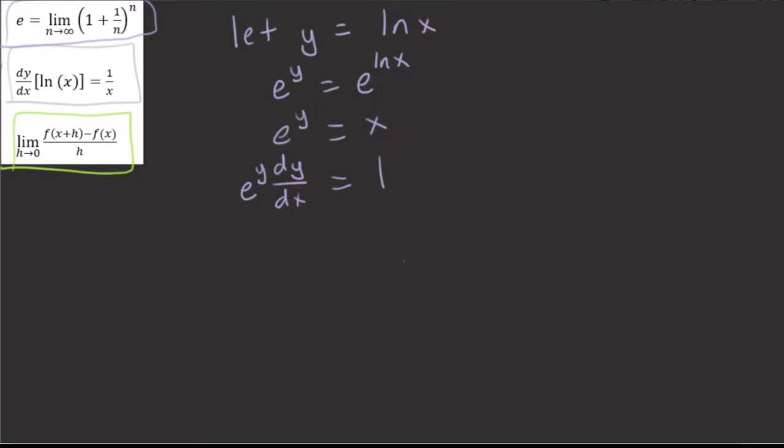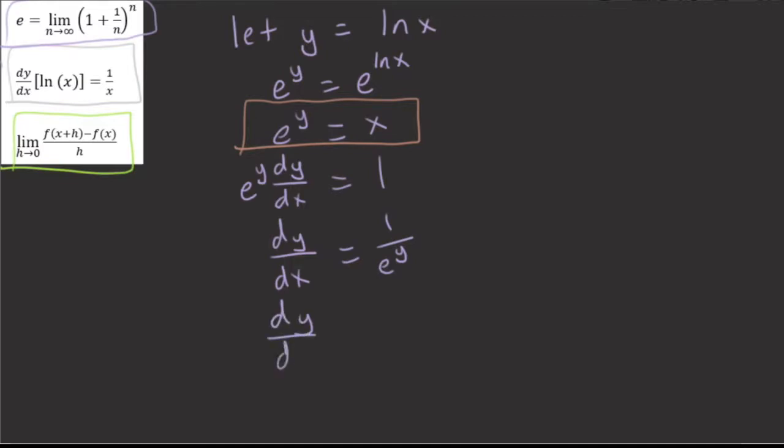So what we do here is we go ahead and divide by e to the y, and we have dy dx equals 1 over e to the y. And as we remember from up here, e to the y is equal to x. So therefore, we can just rewrite this entire equation as dy dx equals 1 over x. And that is how we prove implicitly that the derivative of ln of x is 1 over x.